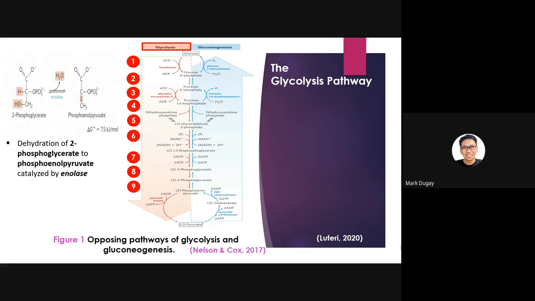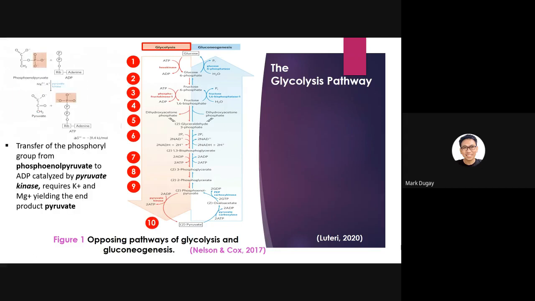Step 9, the enzyme enolase catalyzes 2-phosphoglycerate to phosphoenolpyruvate and promotes reversible removal of a molecule of water. Step 10.